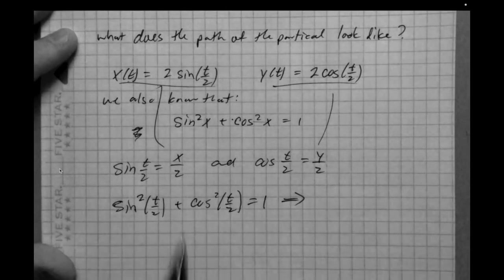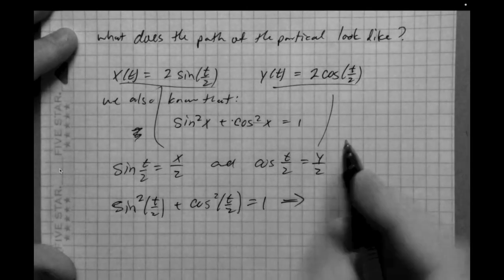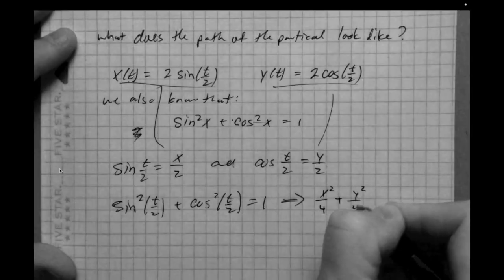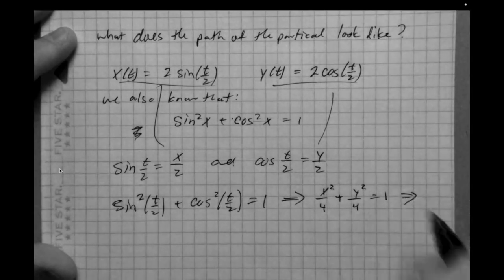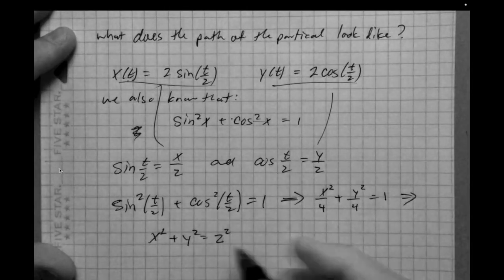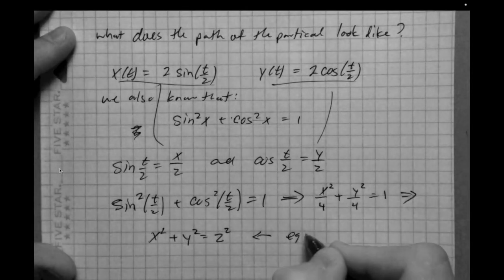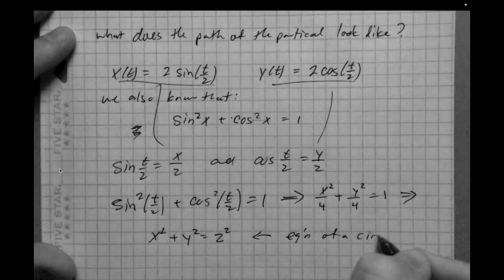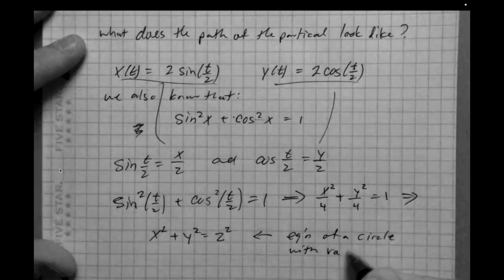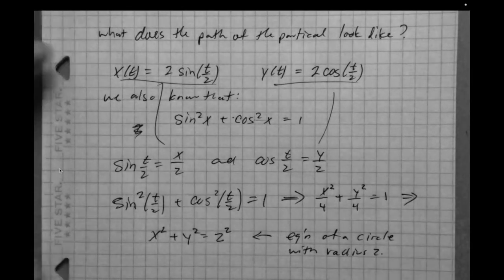That implies this squared plus that squared is equal to 1, which implies x squared plus y squared equals 2 squared. This is the equation of a circle with radius 2. So that's the path of the particle.